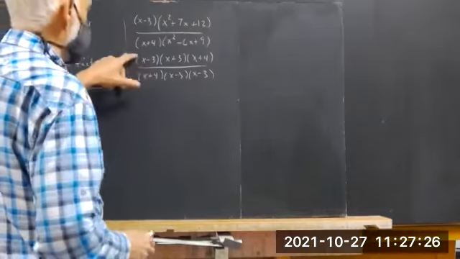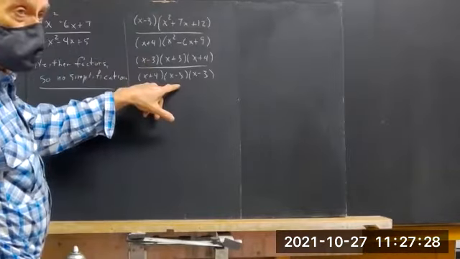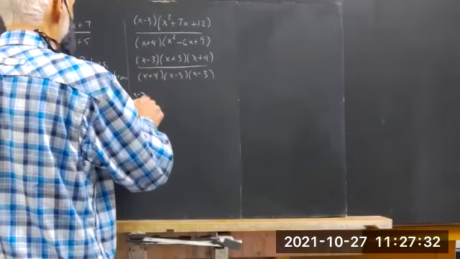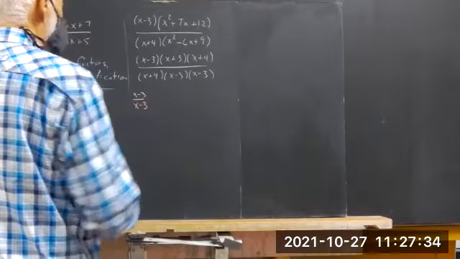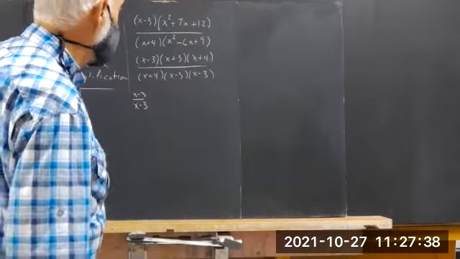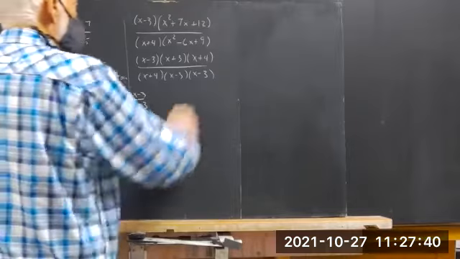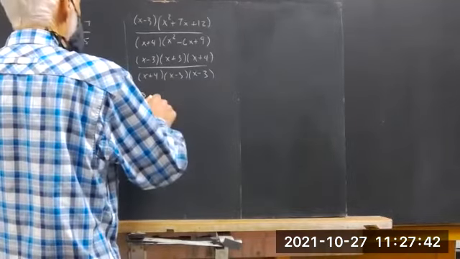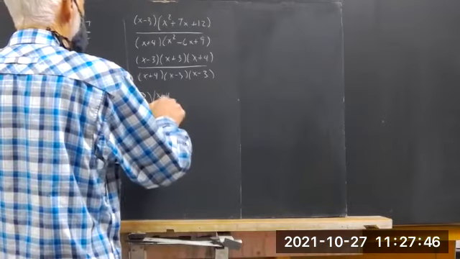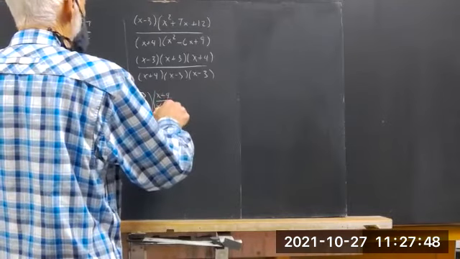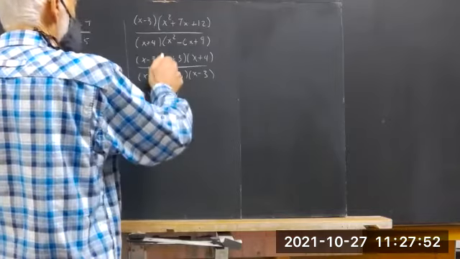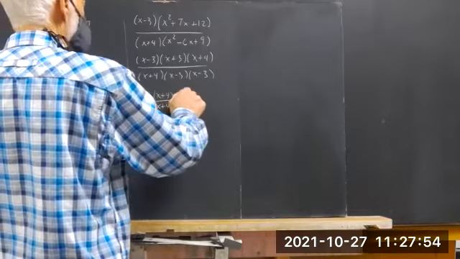We see that we have an x minus 3 and an x minus 3 here. Instead of crossing them out, we just put the x minus 3 over the x minus 3 in its own separate fraction. And then we have an x plus 4, but we can do the same thing. And then that leaves us the x plus 3 here and one of the x minus 3s.